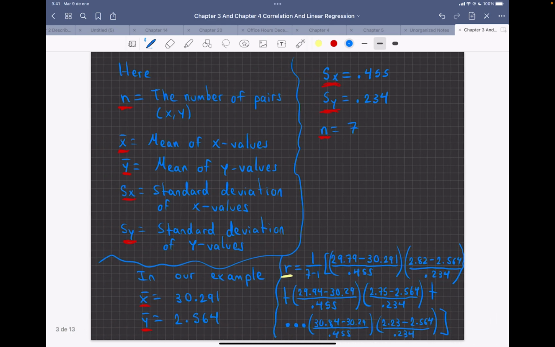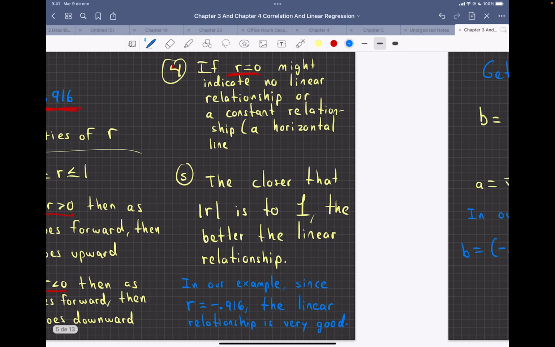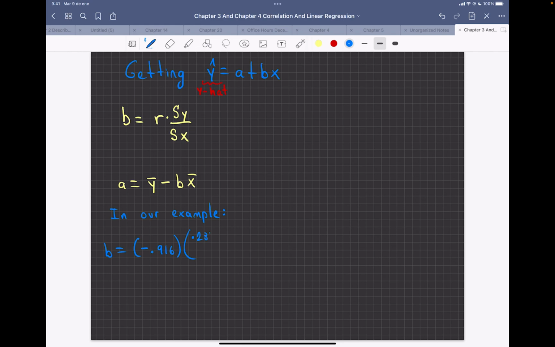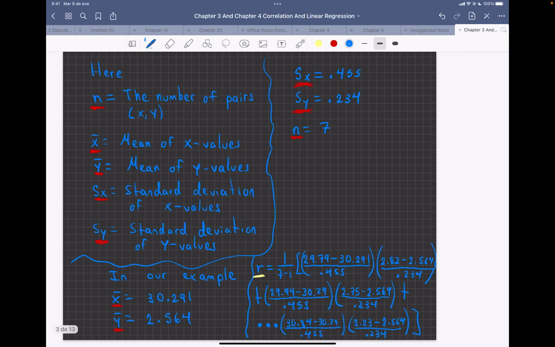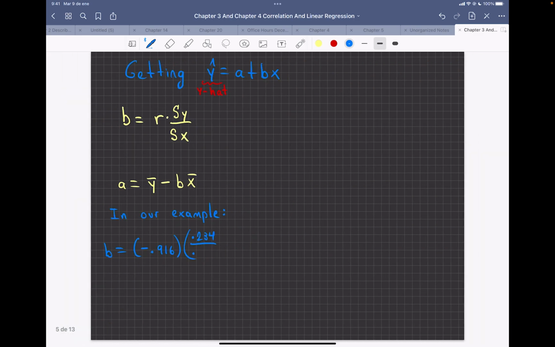What is Sy? 0.234. 0.234 divided by Sx, 0.455. And we are supposed to get -0.471. Please verify that with your calculator.